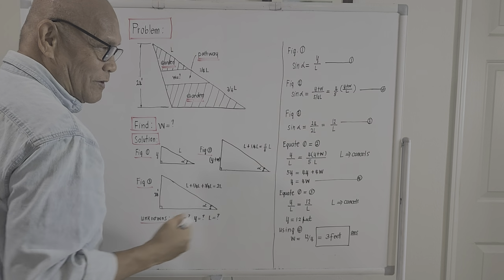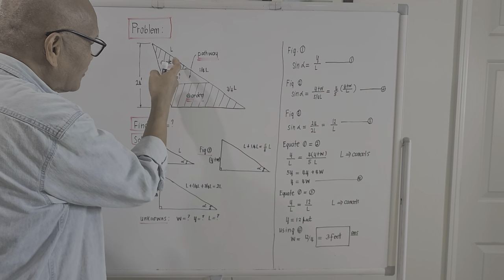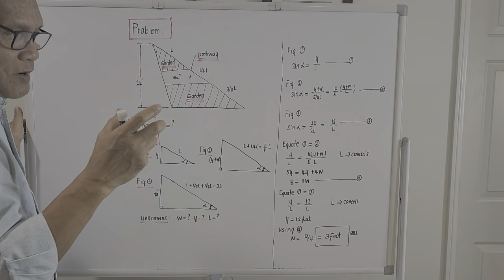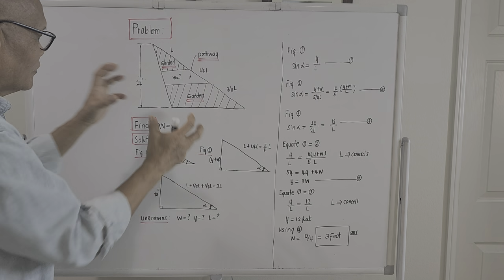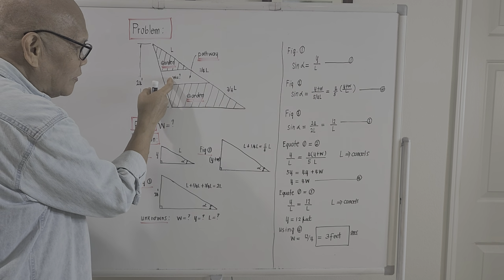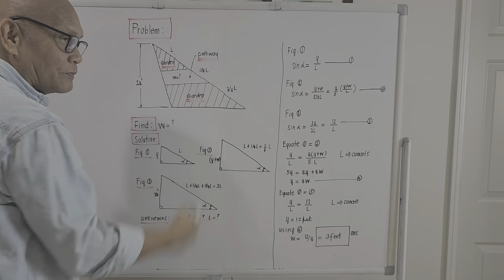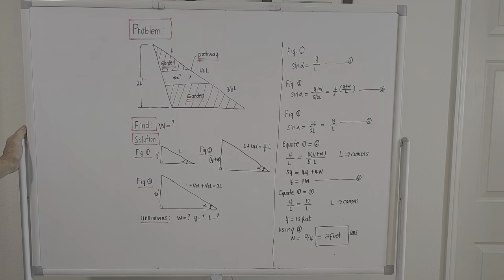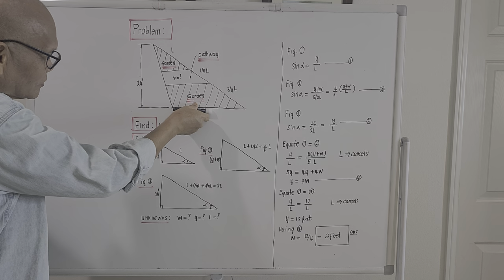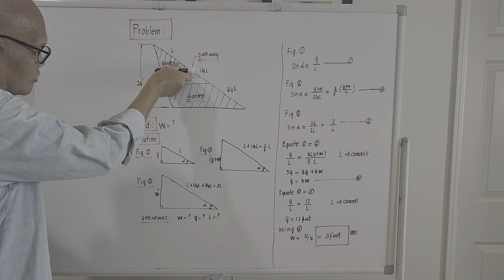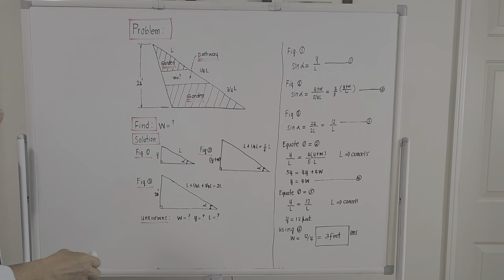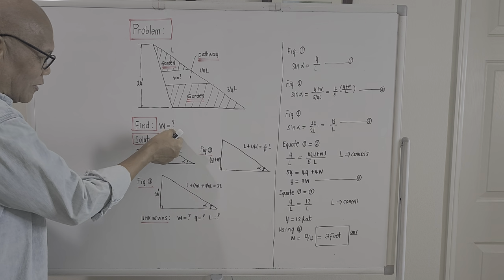It was not given, so it is just represented by L. The problem is, with the given condition, what will be the width of the pathway? This line here is parallel with the base, and this line here is parallel with the base. So the problem is asking what will be the width of the pathway equal to.